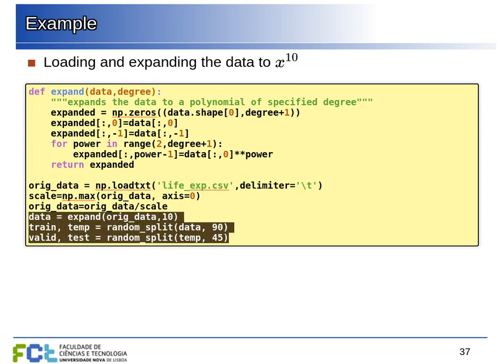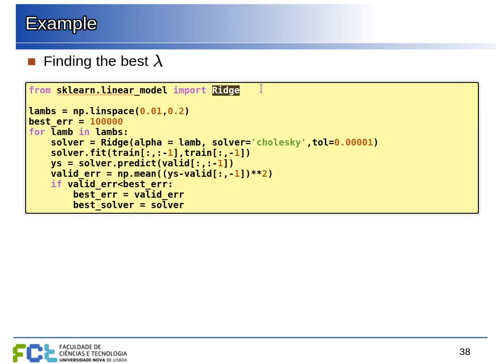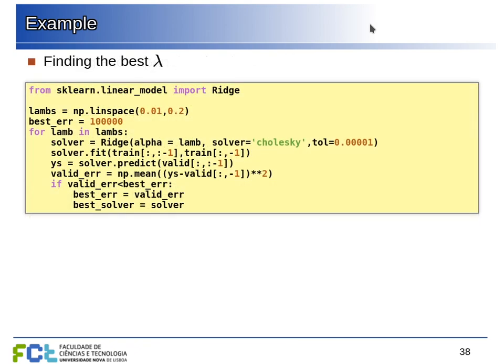So all of this is the same thing as before. We're going to split the data, and then we're going to use the ridge regression, which is a linear model, but we're going to use it on the expanded data. So this does not take just one value of x, it takes in 10 values of x, which are these polynomial expansions that we created here.